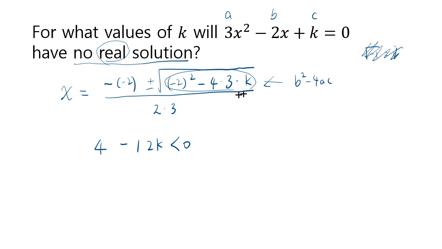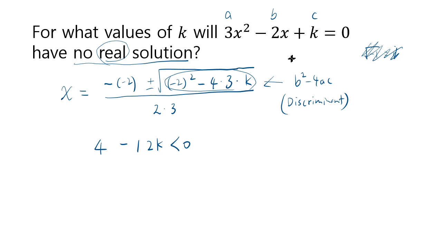And you may realize that we didn't have to write down the entire quadratic formula, because all it mattered is that b squared minus 4ac, which we give the name discriminant, if the discriminant is negative, then the equation doesn't have a real solution.